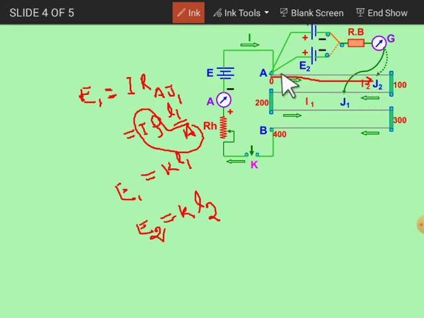Got it? So if you divide these two equations, K will be cancelled, and then you will have it in this way.